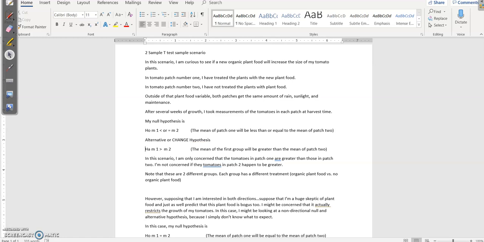That if there's change, or there's significant difference, then my hypothesis results in a significant difference. There's a lot of different ways they term this in stats.